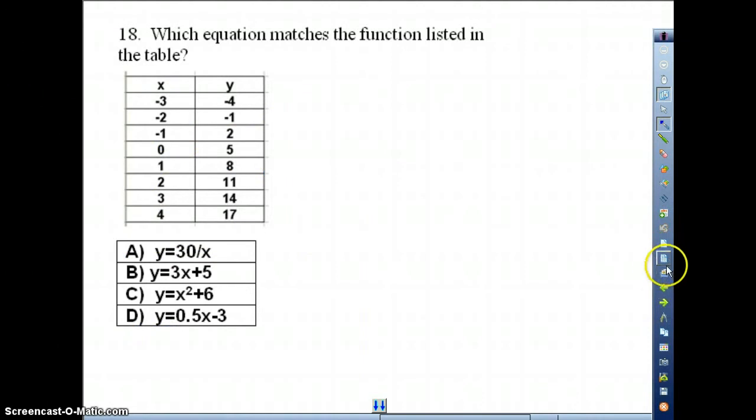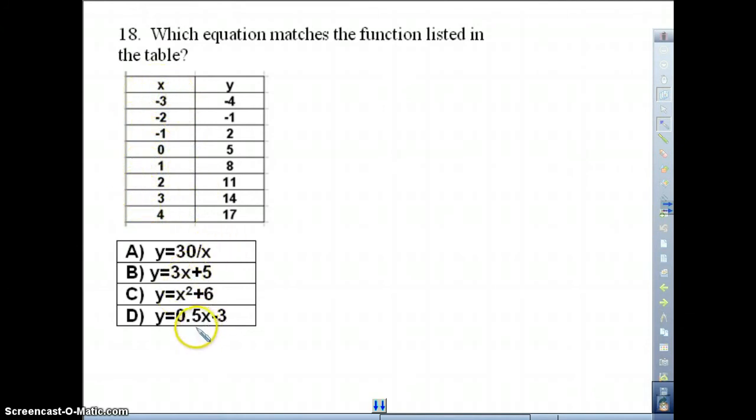18. Which equation matches the function listed in the table? I have y equals 30 divided by x, y equals 3x plus 5, y equals x squared plus 6, y equals 0.5 times x minus 3. Look at all these x values. Look at these spots where I could plug in an x.